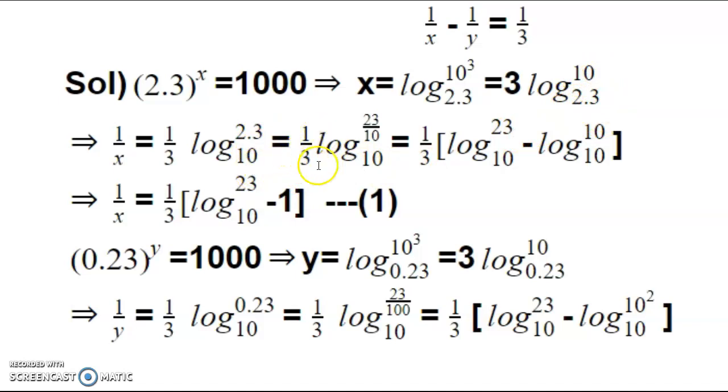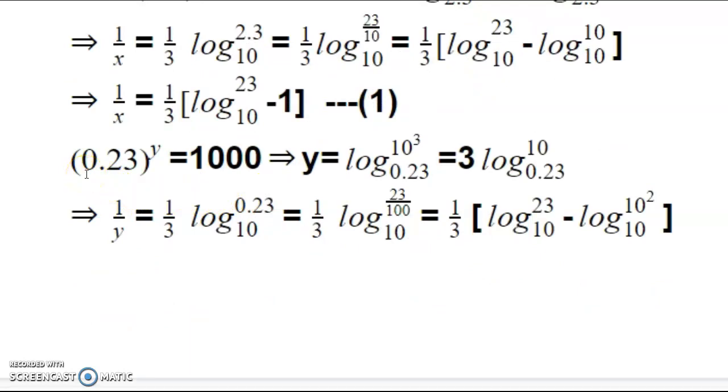That is equal to 1 by 3 into log of 2.3, which can be written as 23 by 10, base 10. That is equal to 1 by 3 into log of 23 base 10 minus log of 10 base 10. Log of 10 base 10 is 1. So it becomes 1 by x is equal to 1 by 3 into log of 23 base 10 minus 1.